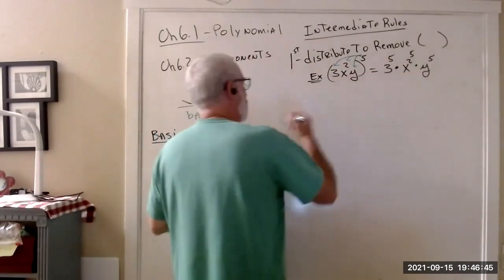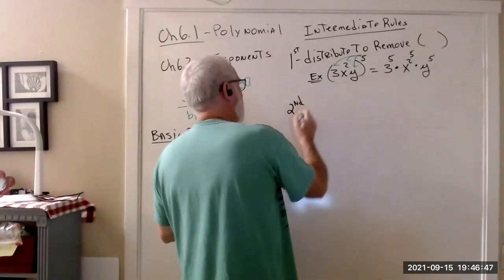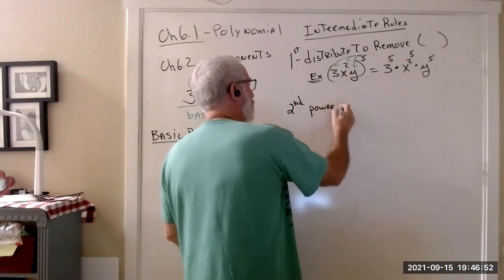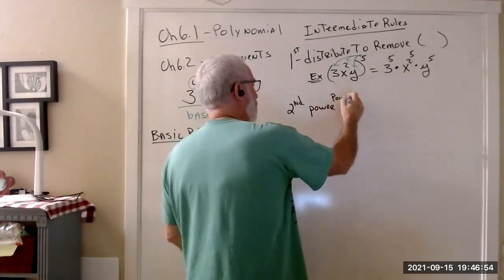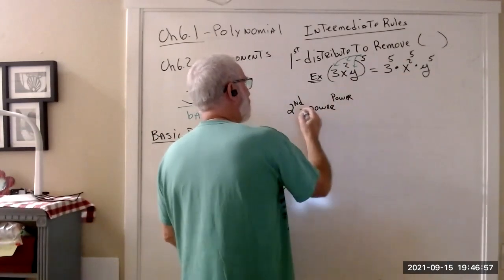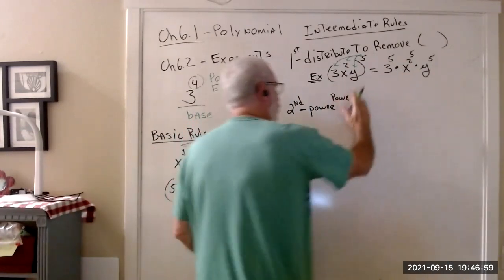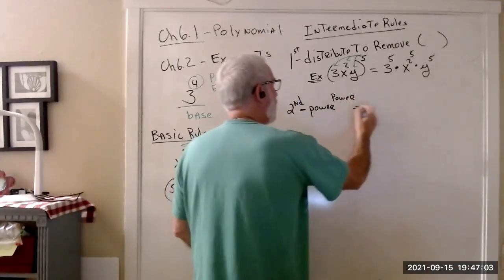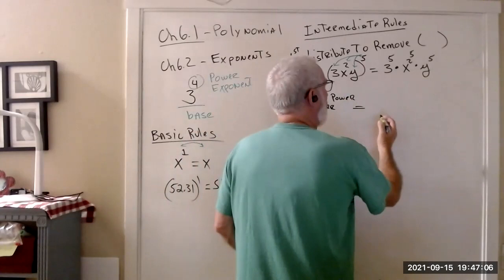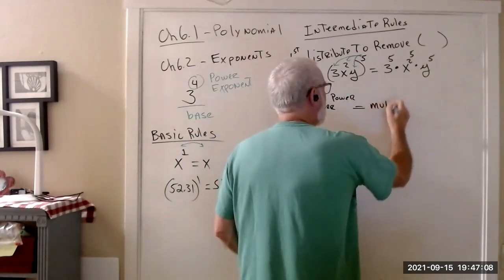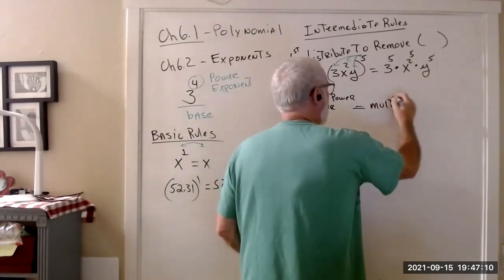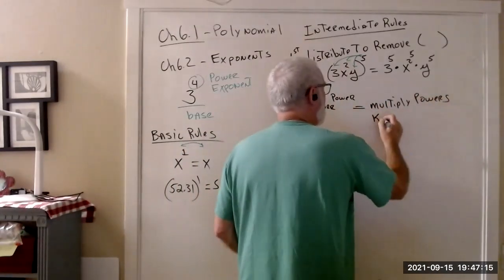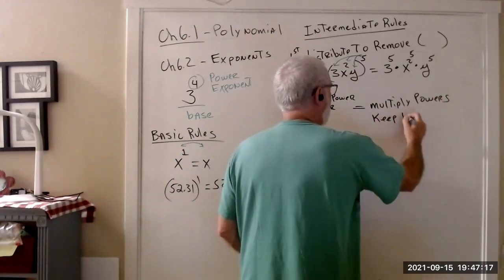Then the second rule that we have is if you have a power raised to a power, let me write that nicer. Okay. Then you multiply the powers, but you keep the base.